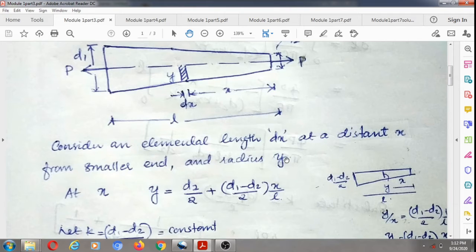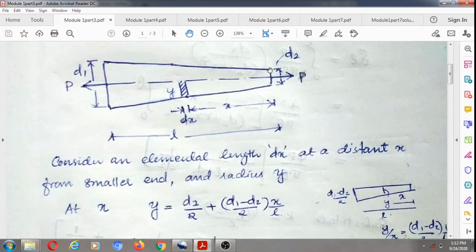Here, first of all, we take that y and express that radius y in terms of D1 and D2. From this figure we can see that D2 by 2 plus some amount of extra length, when added, will give the value of y. So you have to find that small extra variation. D2 by 2 is the base, then due to the variation there is some amount of increment, and you have to find that increment.